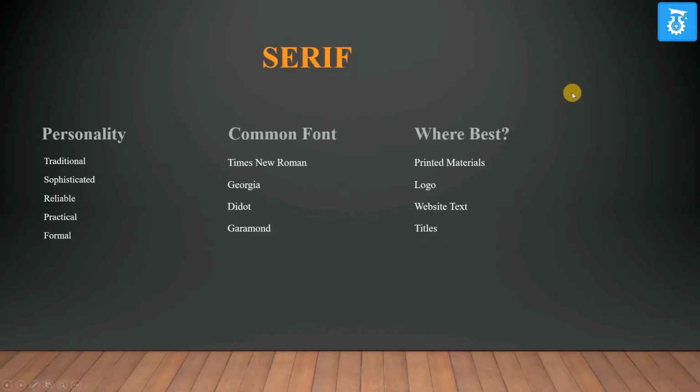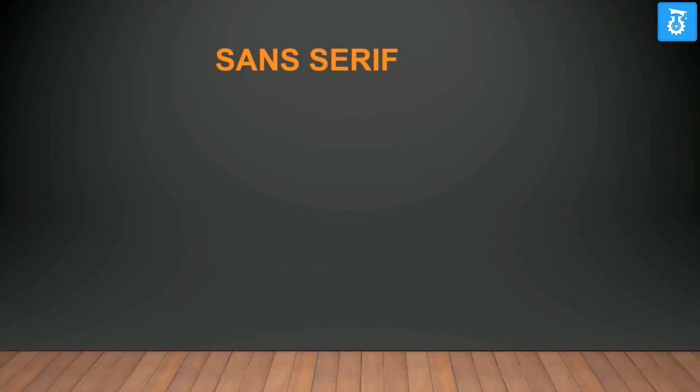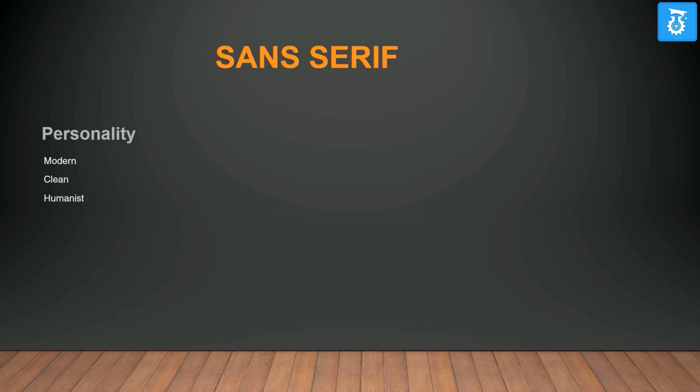Now the next commonly used font is sans serif font. You can see sans serif font looks something like this, and it's actually a modern looking font. Its personality is modern, like most modern designs you will see use sans serif font, and it's also clean, humanist, geometric and universal.